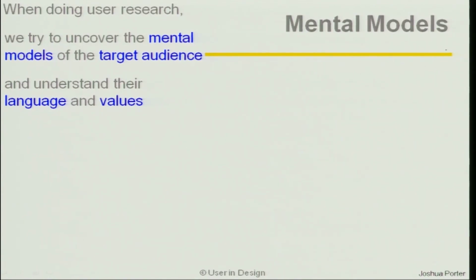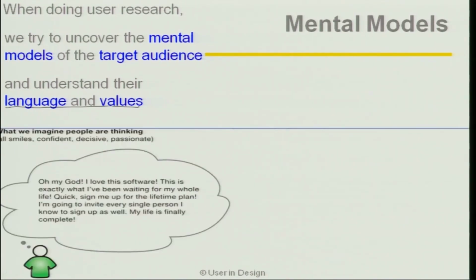Remember the question when we asked, what were you expecting? So when doing user research, we try to uncover the mental models of the target audience. That is the whole purpose of research: to uncover the mental models and understand their language and values, their terminology. Okay? So here's an example.